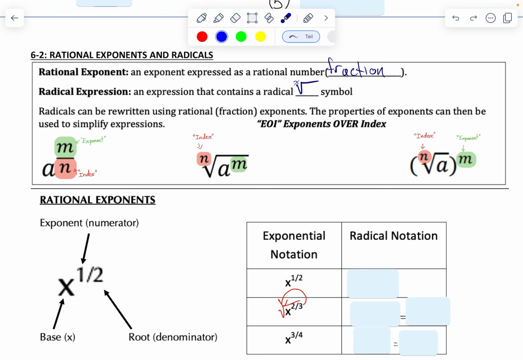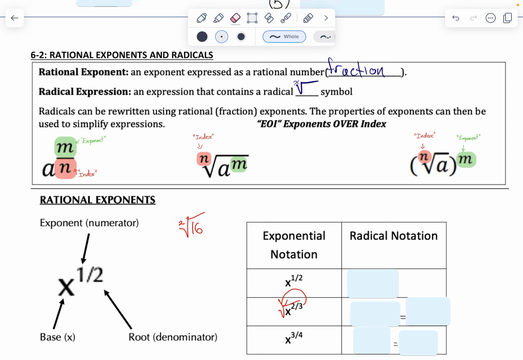A radical expression is one that contains a radical symbol, and so heretofore we've known this as a square root symbol, but we can actually have higher roots. So just like the square root of 16 means some number times itself 2 times equals 16, well, we could put a little index there that would say how many times that number must be multiplied by itself to equal 16.